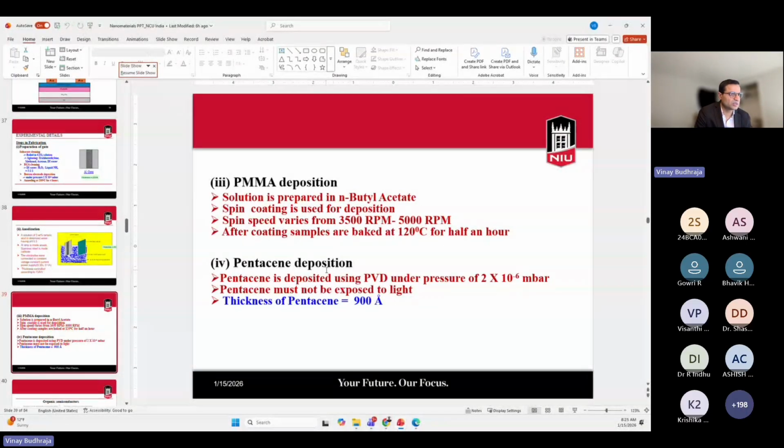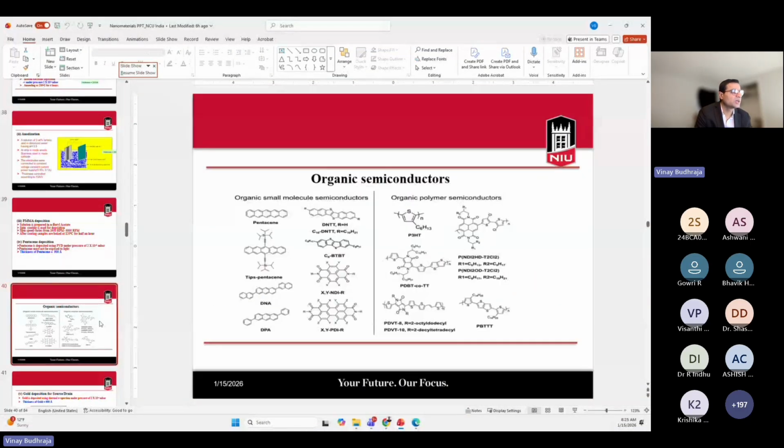So pentacene is the organic semiconductor which shows p-type semiconducting property, and that controls the operation of OTFT. Other candidates for organic semiconductors are like pentacene, DNA, TPA, P3HT, PD, BT.